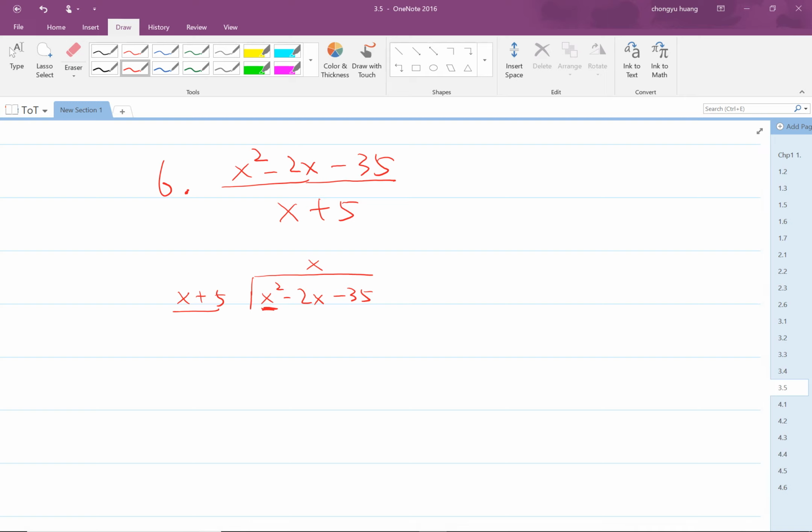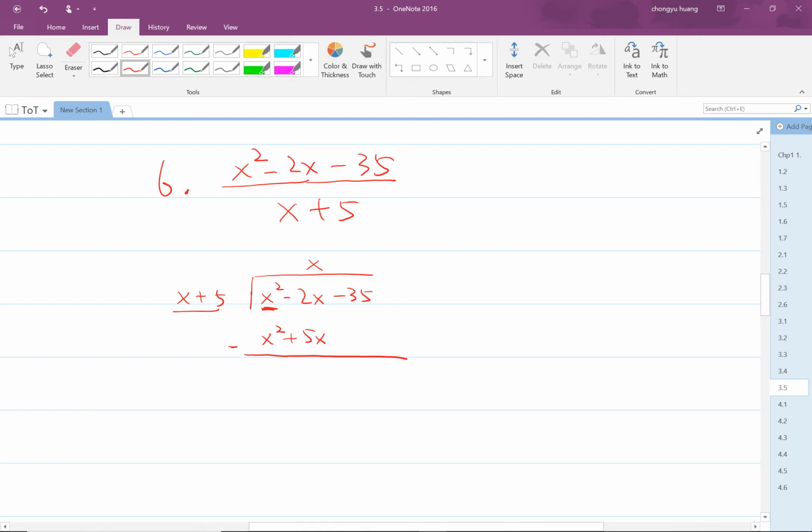X multiplied by x plus 5 is x squared plus 5x.